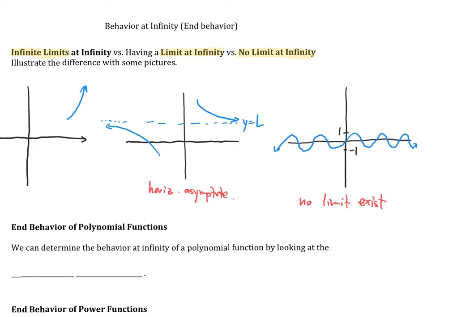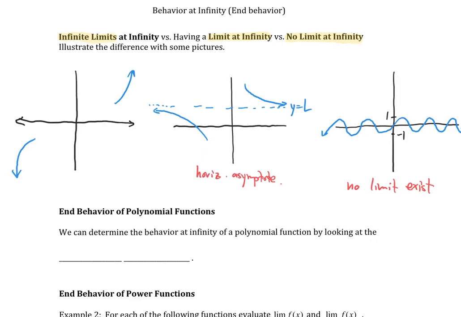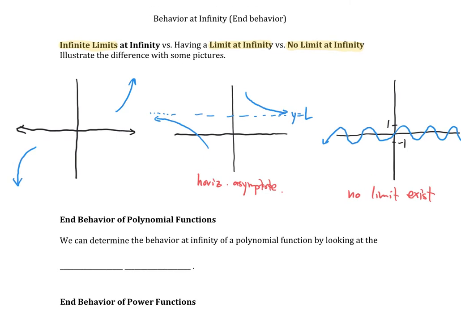In the second situation, you had a horizontal asymptote. And in the first situation, we would say the limit as x goes to infinity of f of x is equal to plus or minus infinity, and the limit as x goes to negative infinity of f of x is plus or minus infinity. So these are the different types of end behavior that we could have in general.